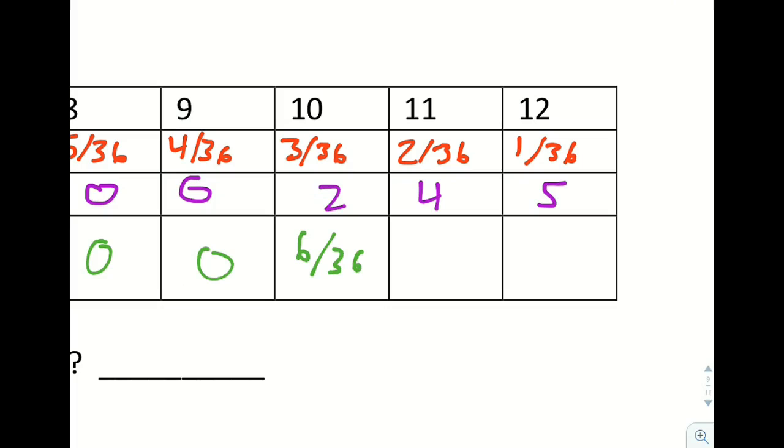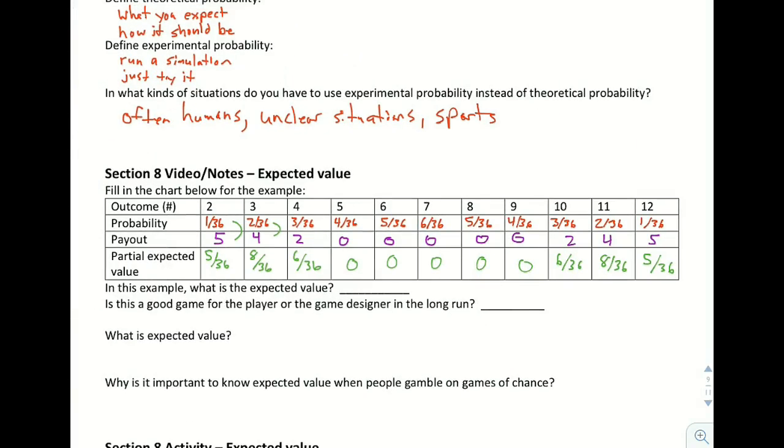And then we're going to have 8 out of 36 here. And the last one we're going to multiply 5 and then over 36. So we zoom this out, we should have some roughly parallel patterns on both sides.